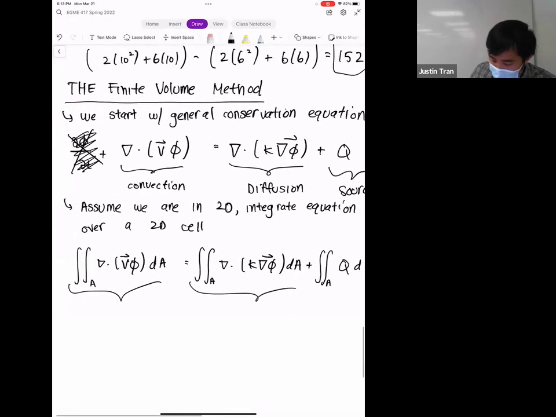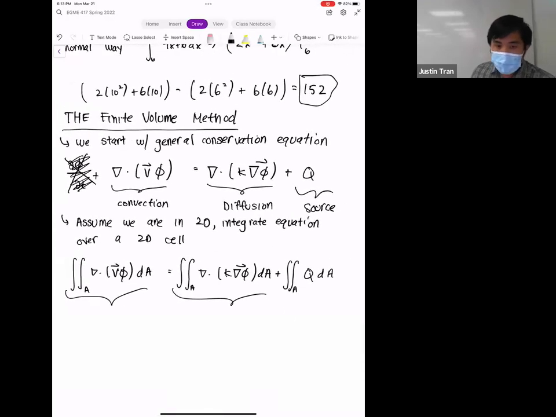All right, so the first thing we're going to do is notice that these two integrals that I've underlined, we can apply the divergence theorem to these.